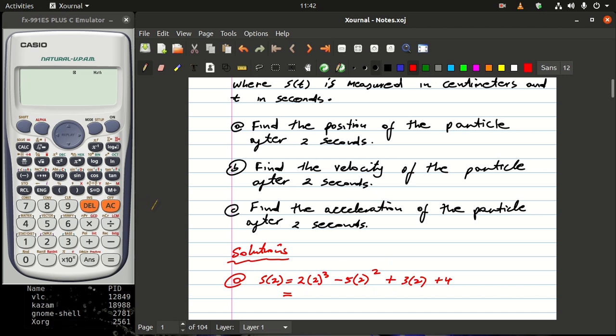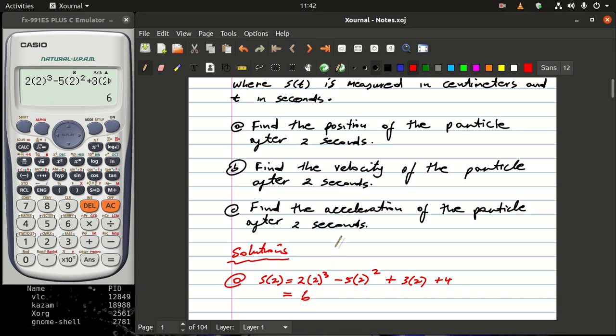But to save time, instead of having a long video, I'm just going to use this calculator here. So I have 2 times 2 cubed, then I subtract 5 times 2 squared, then I add 3 times 2, and then I add 4, and the final answer should be 6.